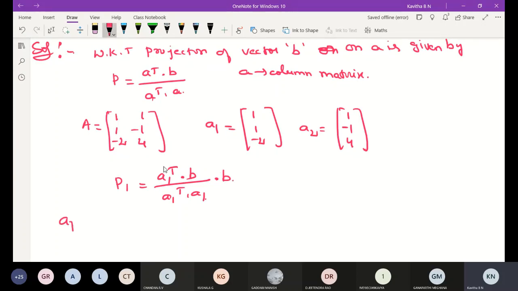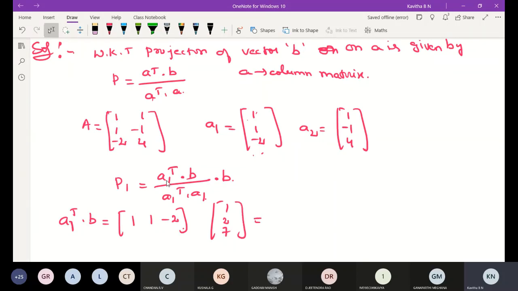A1 transpose B is equal to, here A1 is 1, 1 minus 2, and we have to write the transpose. Then B in this problem is 1, 2 and 7.